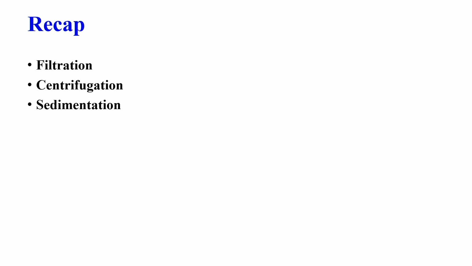We can quickly revisit what was discussed in the last lecture. We discussed solid liquid separation. These are the three common methods: filtration, centrifugation and sedimentation. In filtration, the driving force is delta P divided by, we discussed particularly the conventional filter.